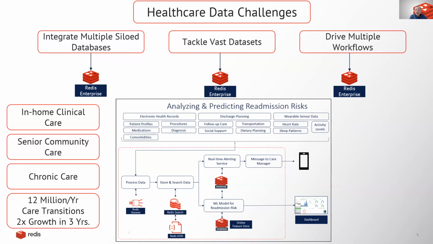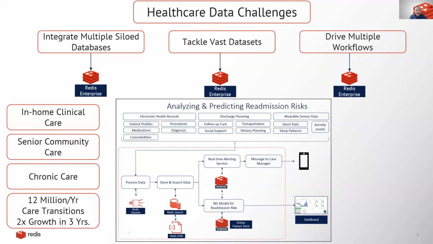So in the area around things like readmission risk, how does a provider analyze and predict where a patient may end up having to come back because of potential things that were missed during the initial diagnosis? And what are all the data sets you need to do that, right?